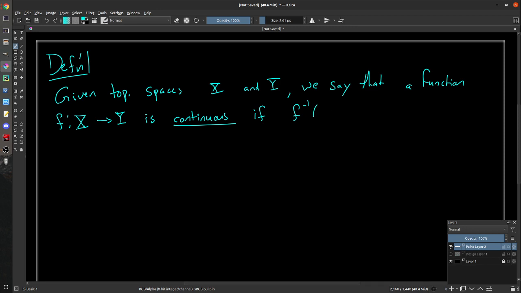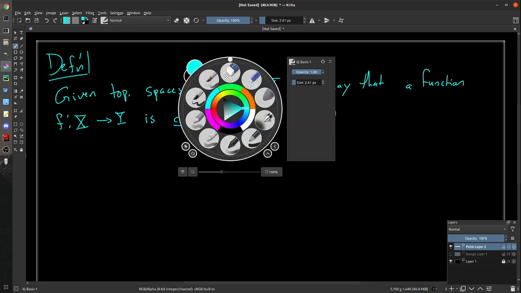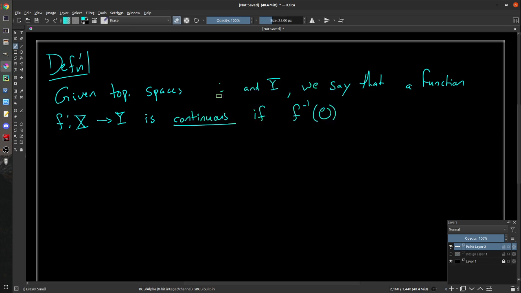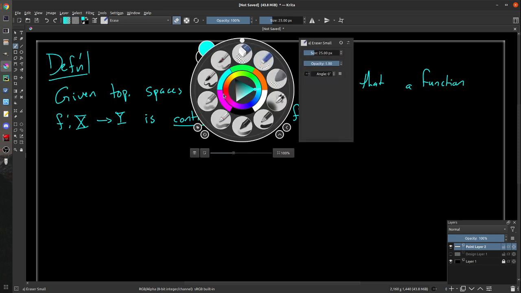I'll write the topologies just to make it very nice. Sorry, I'm waffling on that.